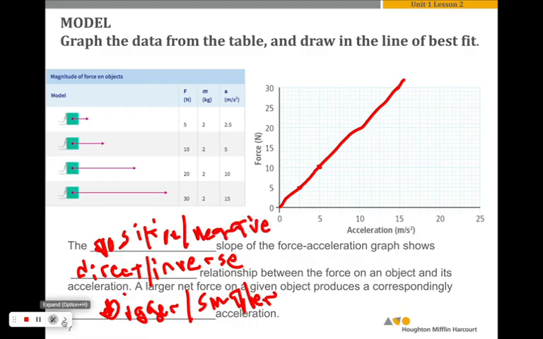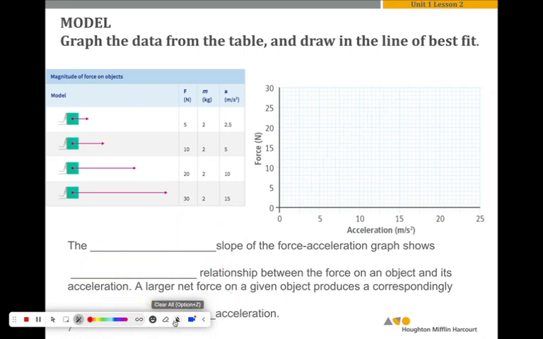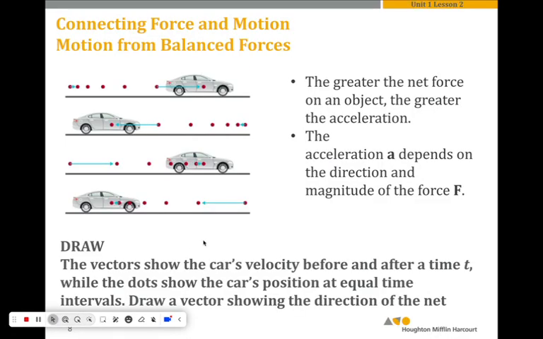Okay, so think about that and put the correct words. If there is a greater net force, there's a greater acceleration, which depends on the direction and magnitude of the force.